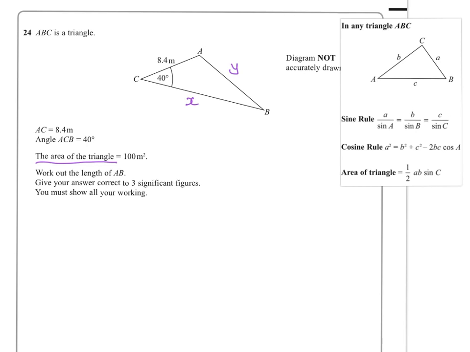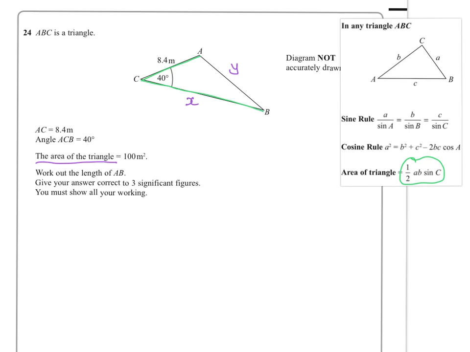So the first thing I would look at would be the area of the triangle. In this case I'm going to look at the situation where I've got CA and CB making the angle of 40, and then I'm looking at this formula here.